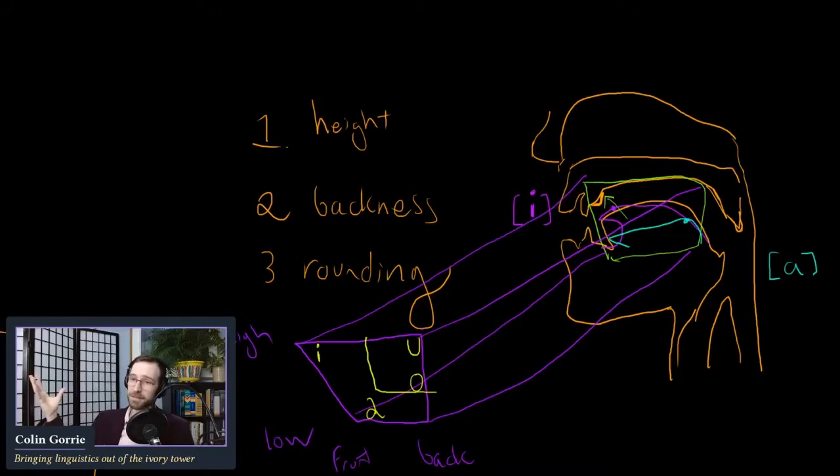And just as you can have unrounded versions of normally rounded vowels, you can also have rounded versions of vowels that by default are unrounded. A good example of this would be the high front vowels. E is a vowel that's unrounded. You can see a nice non-rounded mouth shape there.